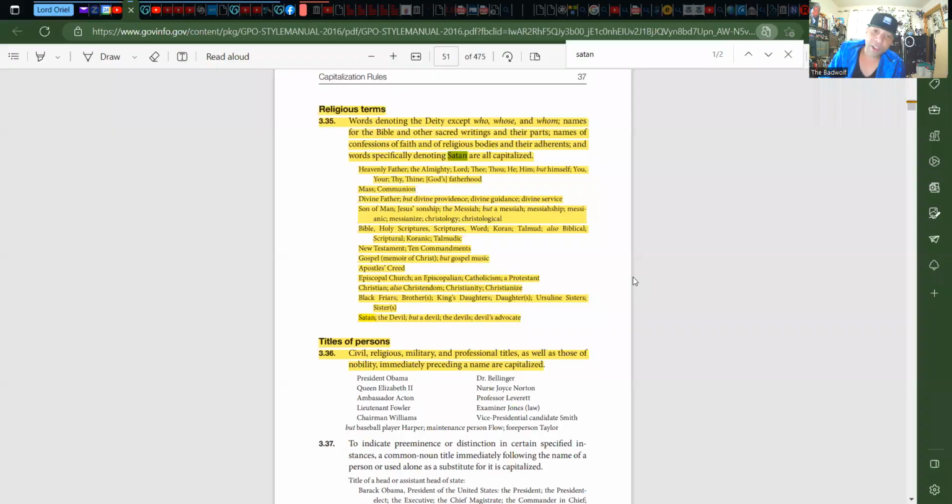Now, why would this be in here of all words? They could have easily just put God or something else. Nope. I don't know. You can interpret this how you want.